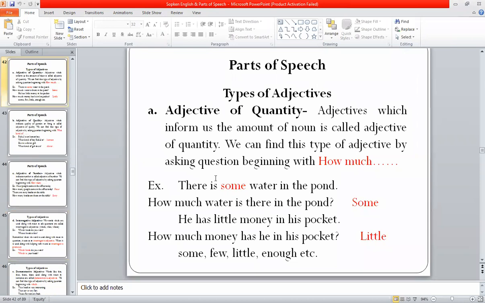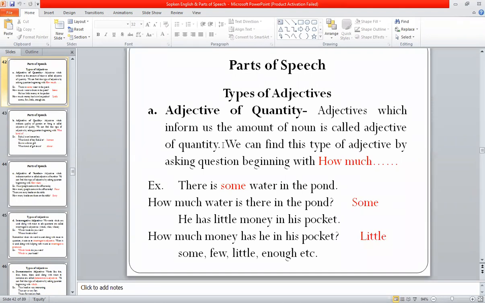The first type of adjective is adjective of quantity. Let's see its definition. Adjectives which inform us of the amount of a noun are called adjectives of quantity.